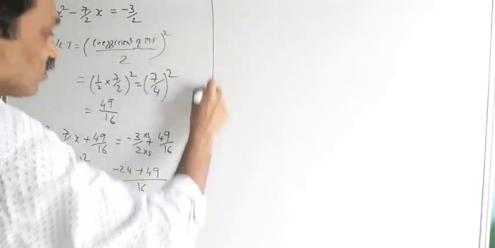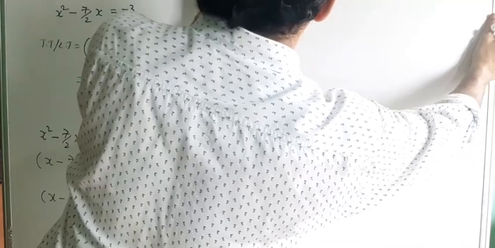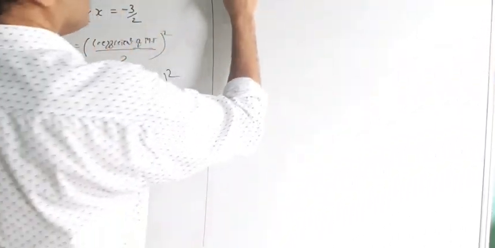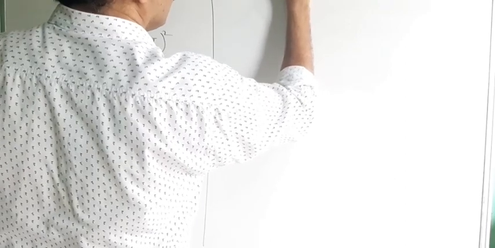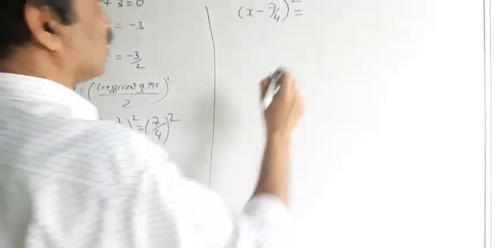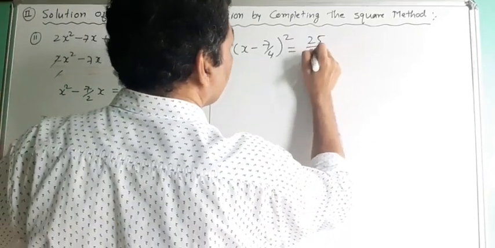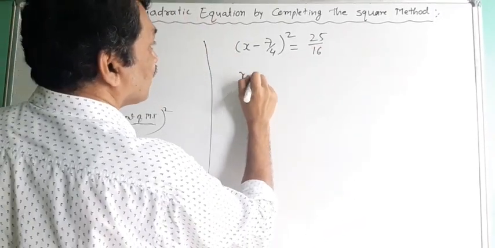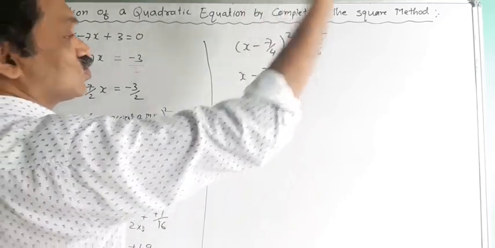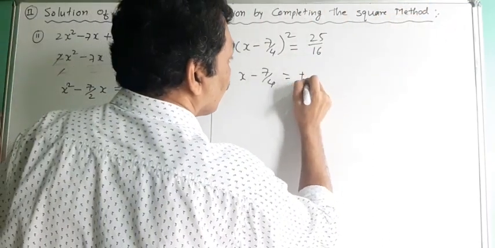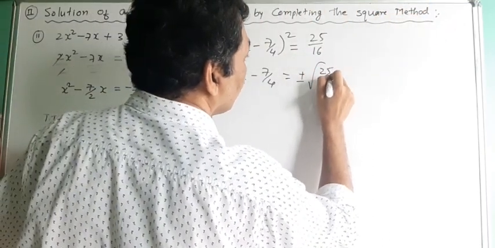So simplify it further. We have x minus 7 upon 4 the whole square is equal to 25 upon 16. Therefore x minus 7 upon 4 is equal to plus or minus root of 25 upon 16.